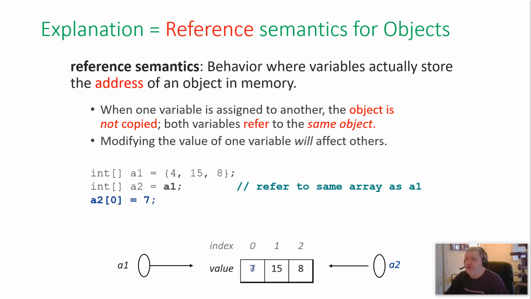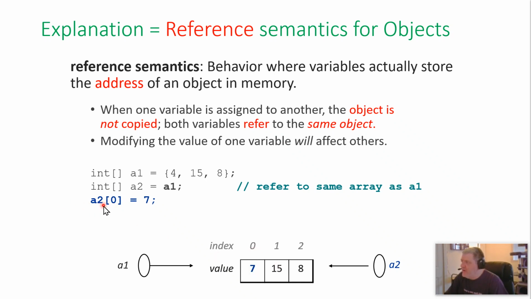What if I want to access that object? A reference variable is used to access the objects that it refers to. So what if I want to use the reference variable A2 to access my array object, and more specifically access the first element in that array and change its value, so change the value that was a 4 before into a 7? Well, the notation is like in most programming languages for arrays: A2, the name of the reference variable, square bracket, and between the square brackets you specify the index. So I want to access element index 0.